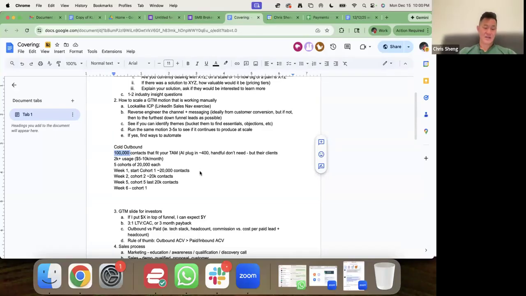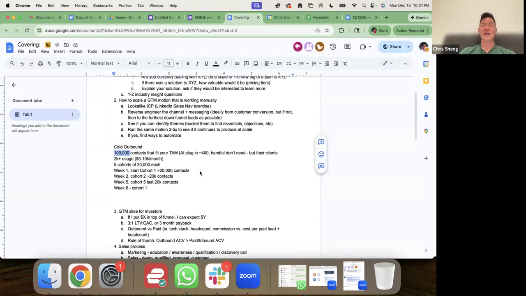So hopefully that helps the way that you think about it. The rule of thumb, I don't know if you guys have done the work on this, is the CAC to LTV ratio, which is like 1 to 3. Your acquisition costs should be about a third of the lifetime value of the customer.